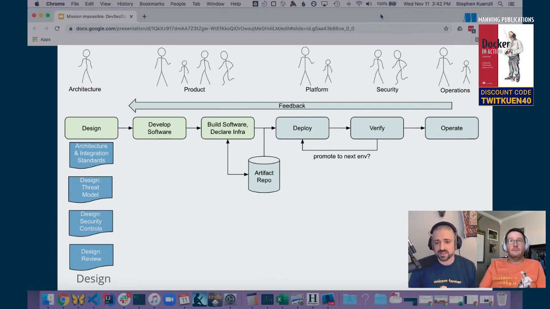Especially if those designs have been realized as a set of constraints, like don't write social security numbers into logs. Just don't do it. I don't care if it's encrypted or not. That would be a nice constraint, right? And ultimately, those constraints are things that come out.